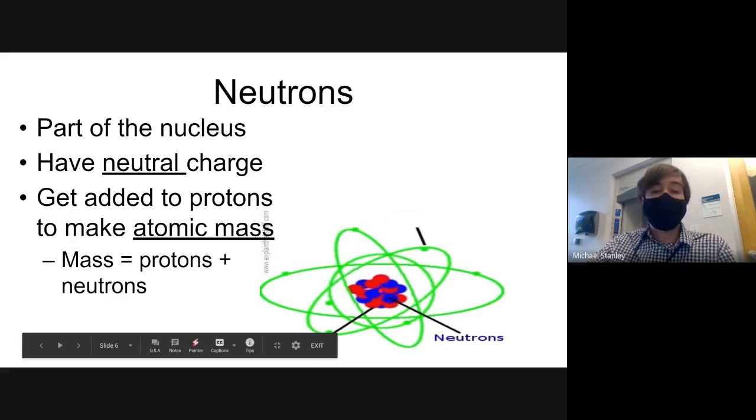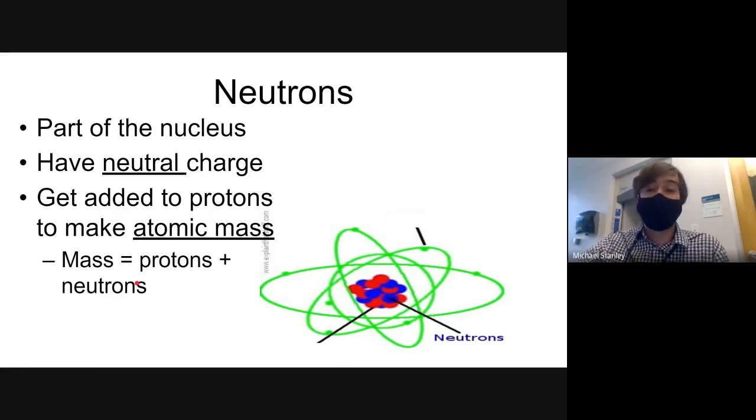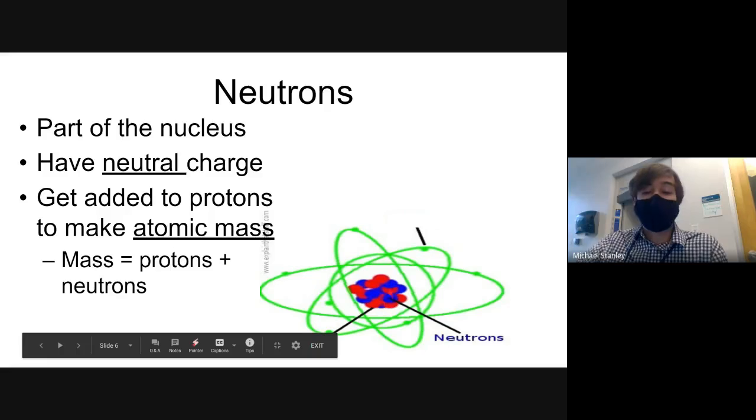So together, the neutrons and the protons make up the atomic mass. So if you know how many protons and how many neutrons you have, you can put those amounts together and it'll tell you the atomic mass of the atom, essentially how heavy the atom is. Some atoms are really light. They only have a couple protons and neutrons in the nucleus.